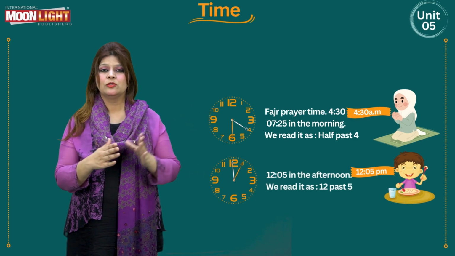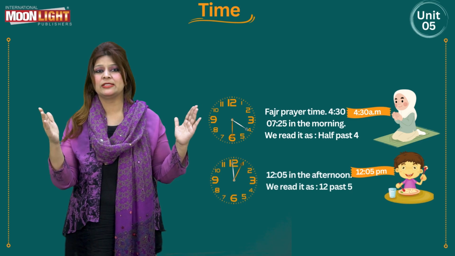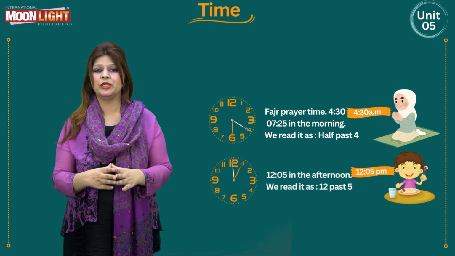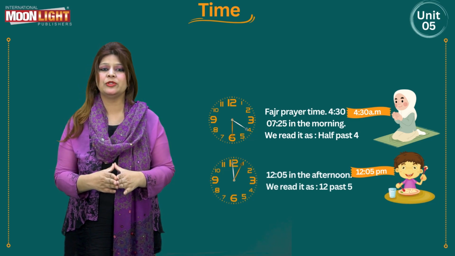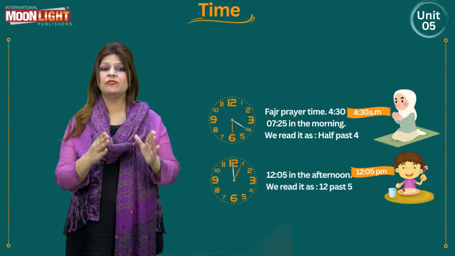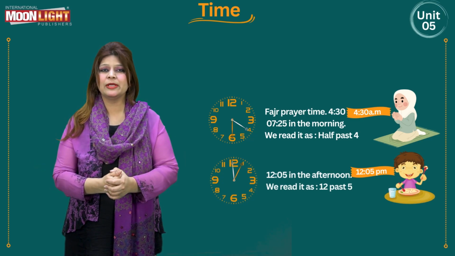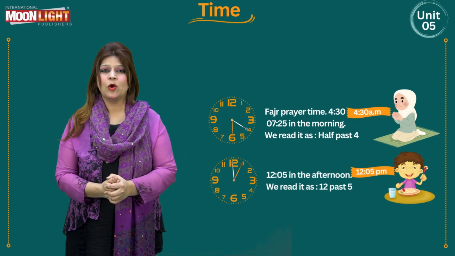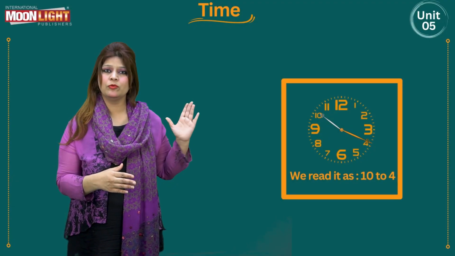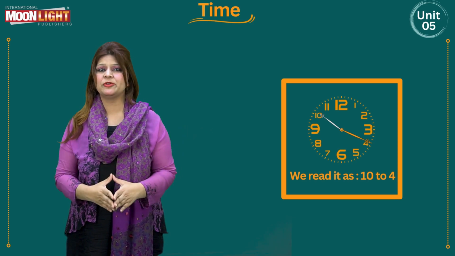Again recall what time this one is showing: 12:05. So we simply read it like that. If for example the time is 10 minutes to 4, this is 10 minutes to 4. So I think the picture is clear to you guys.